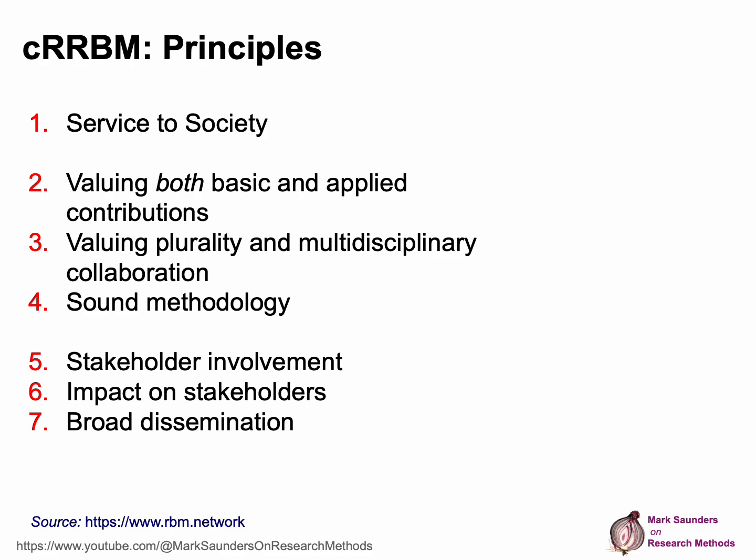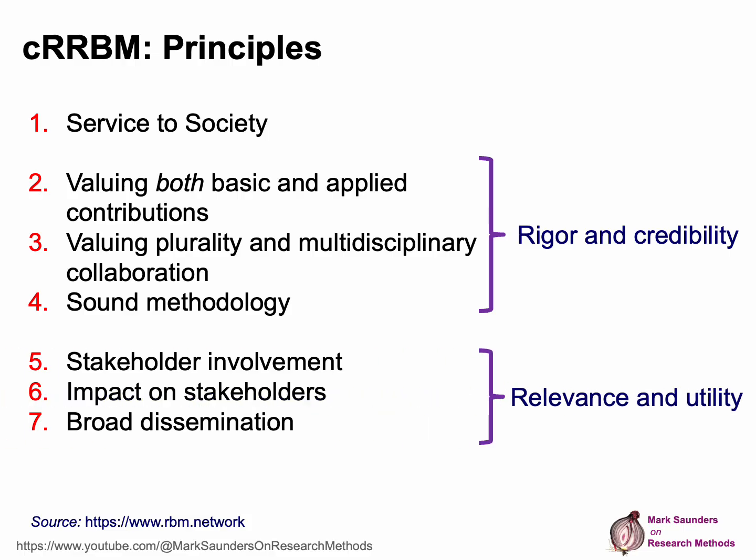So not just for academic journals, but for reports and articles and so on, which are more widely read. This we can see in points 2 through 4 as rigour and credibility. And in points 5, 6 and 7, it's this idea of the relevance and utility. And obviously the service to society also highlights these ideas of relevance and utility too.